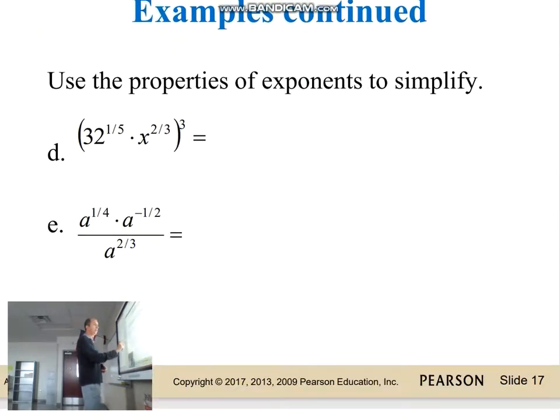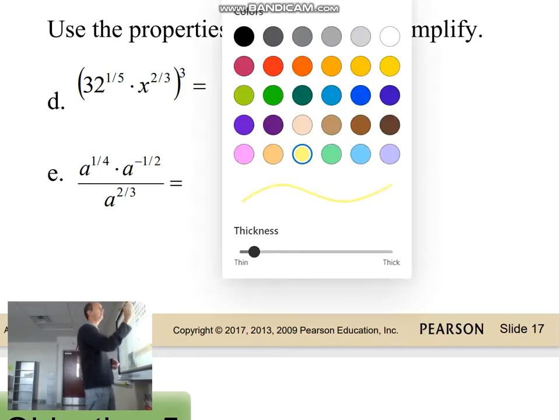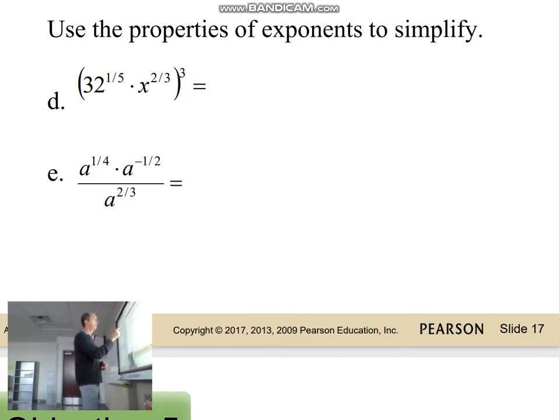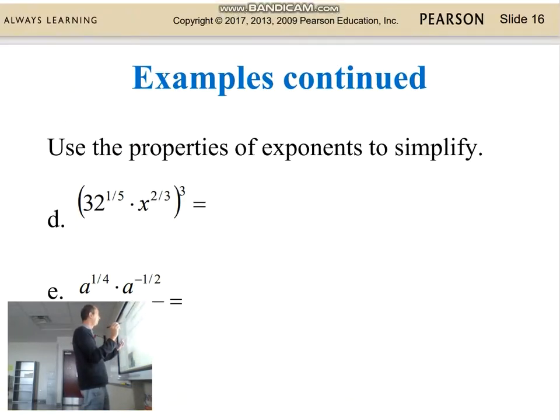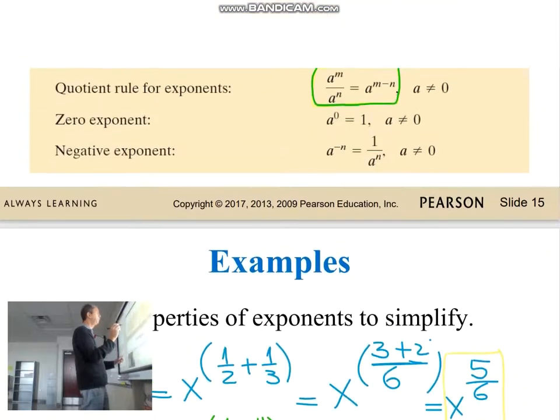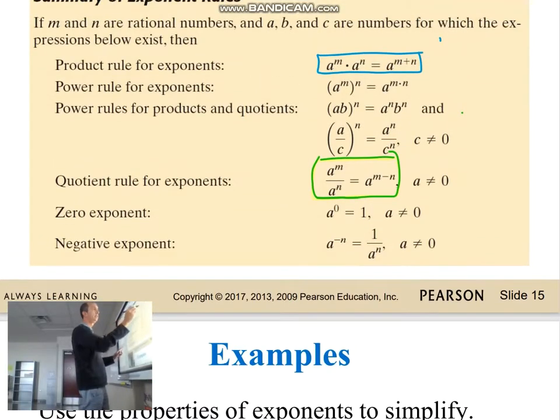Now letter D. And we have here 32 exponent 1 over 5 times x exponent 2 over 3, with this parenthesis, the whole thing exponent 3, cubed. So the first thing you can apply, let's go back to the rules and check this. We can apply something like that. This is the power rule for products and quotients.